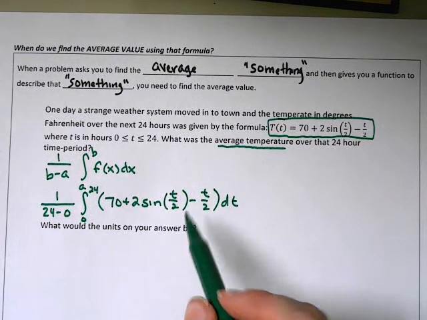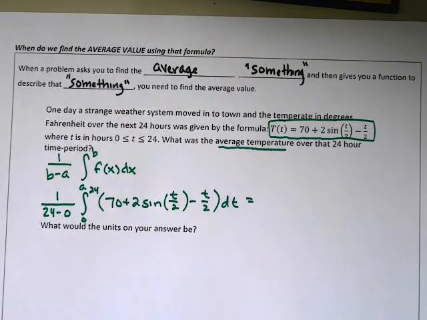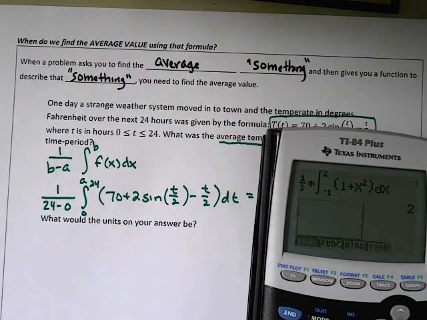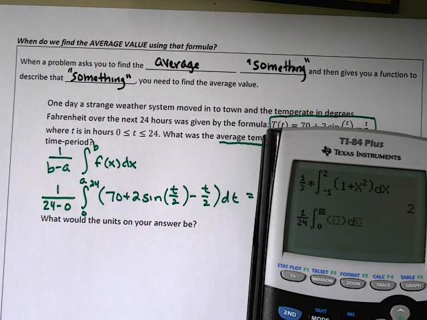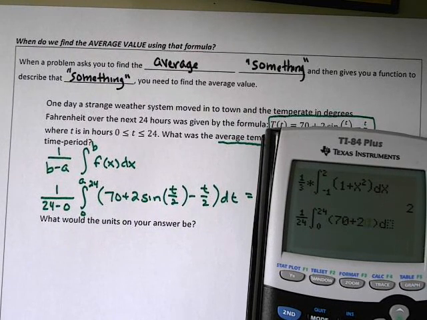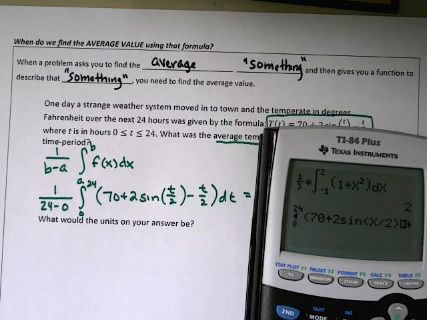So I'm going to actually use my calculator to do this though, because it's going to be a lot faster. So 1 over 24, math 9, 0 to 24 of 70, 2 sine x over 2 minus x over 2, and then dx.